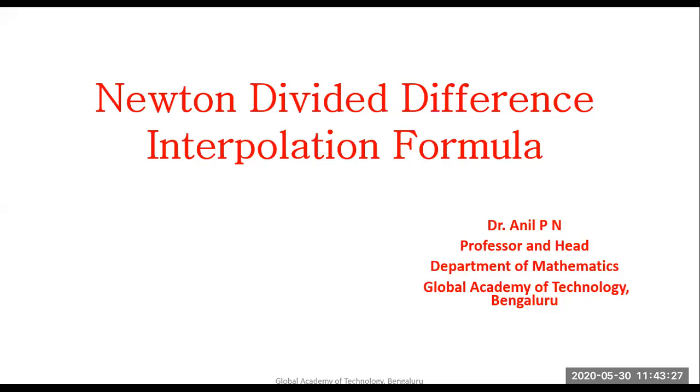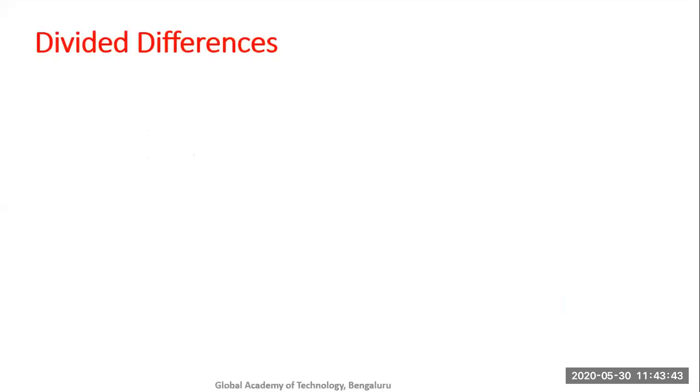So in this video, we're going to discuss one more interpolation formula known as Newton's divided difference formula. So for that, we need to understand divided differences, similar to forward and backward differences.